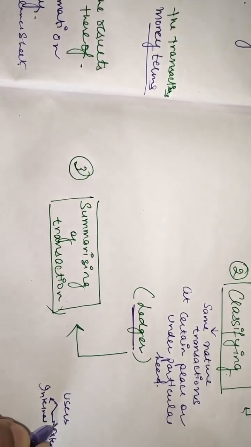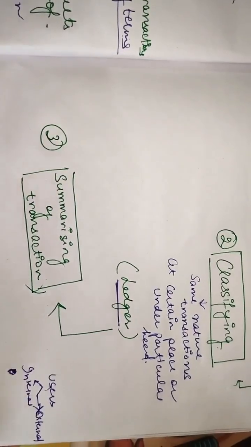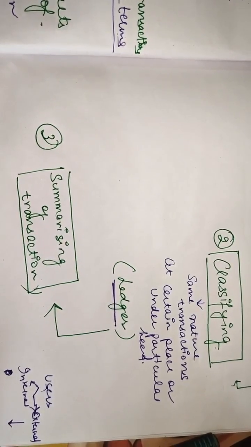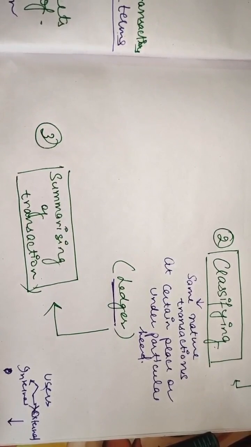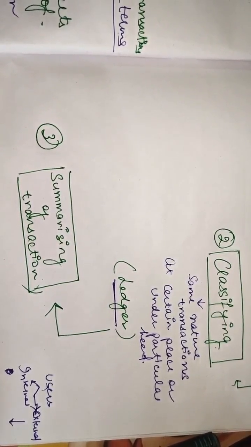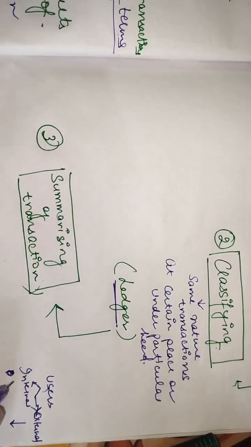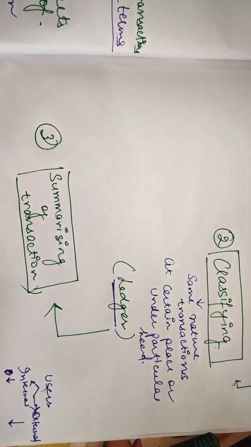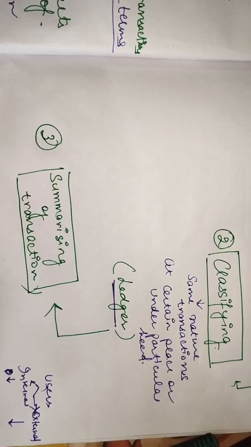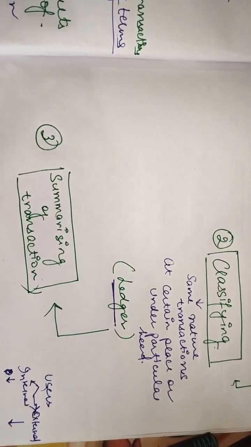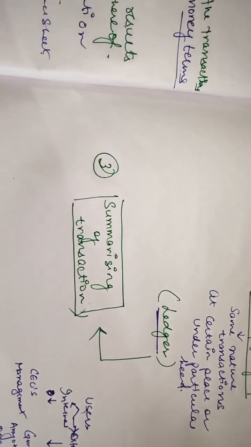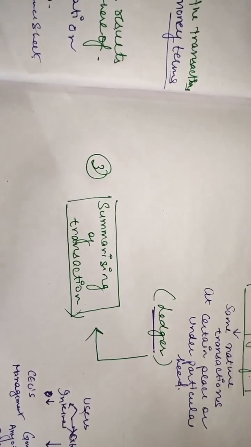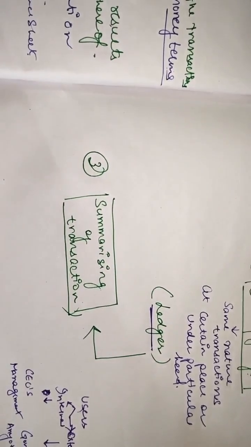Internal users can be the users. External users can be your government, any other organization, or internal users will be your CEOs, your management, etc. So these are the users of accounting information. So you will be providing the accounting information in such a way so that it is simplified for the users of accounting.